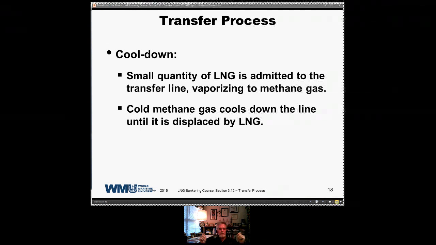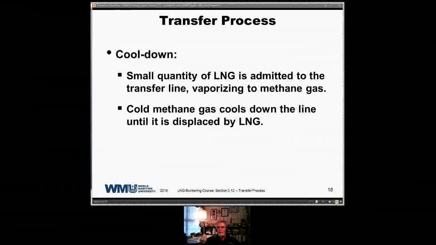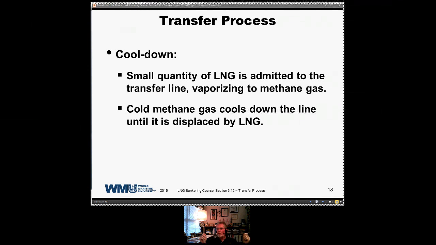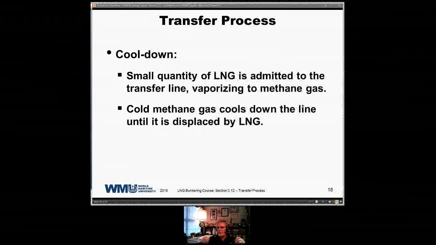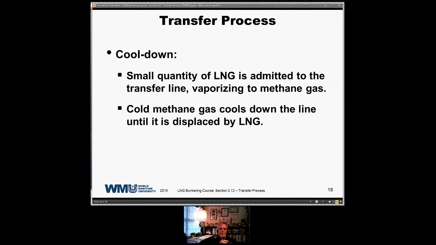This is done initially by allowing cold vapor to enter the piping system, and the cold vapor begins to cool it down. As the temperature decreases, we can begin to introduce a very small quantity of LNG into it, and this progressively decreases the temperature. Once we get down to minus 130 degrees, we are in a position to put LNG in quantity into the pipeline, into the loading arm, into the hose.